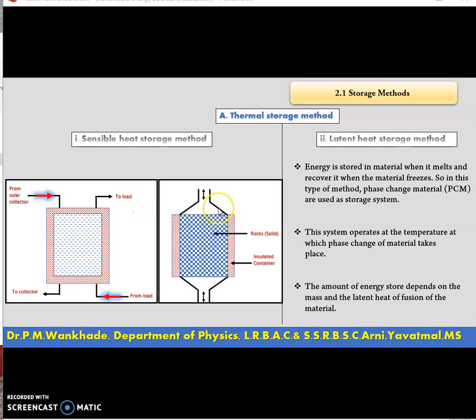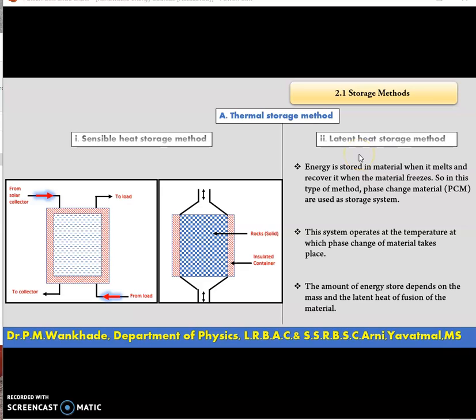The latent heat storage method has advantages such as it provides high energy density, and it stores energy at constant temperature.